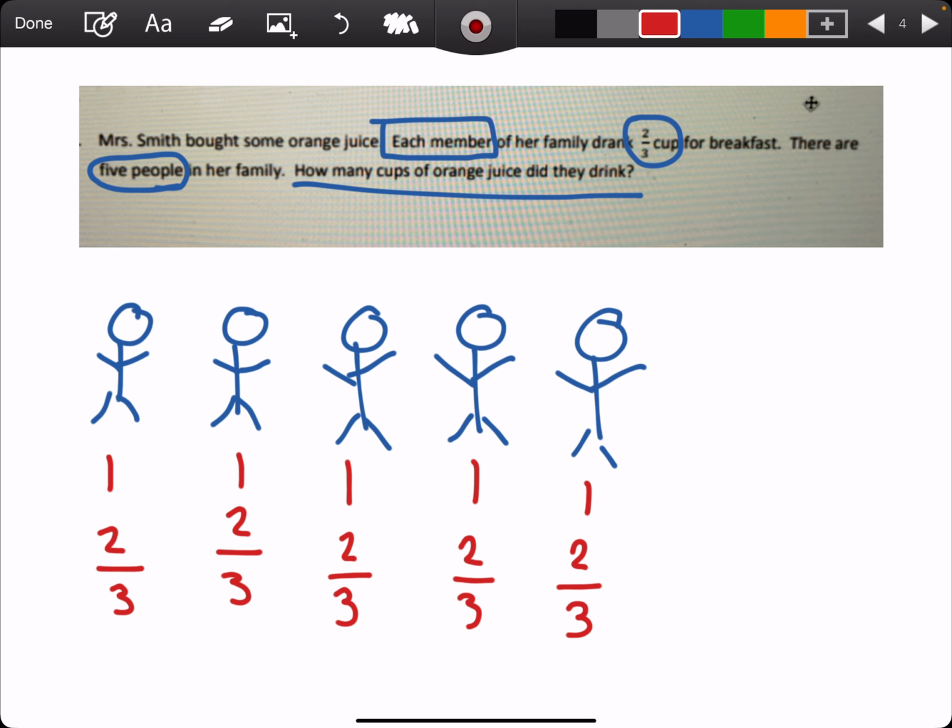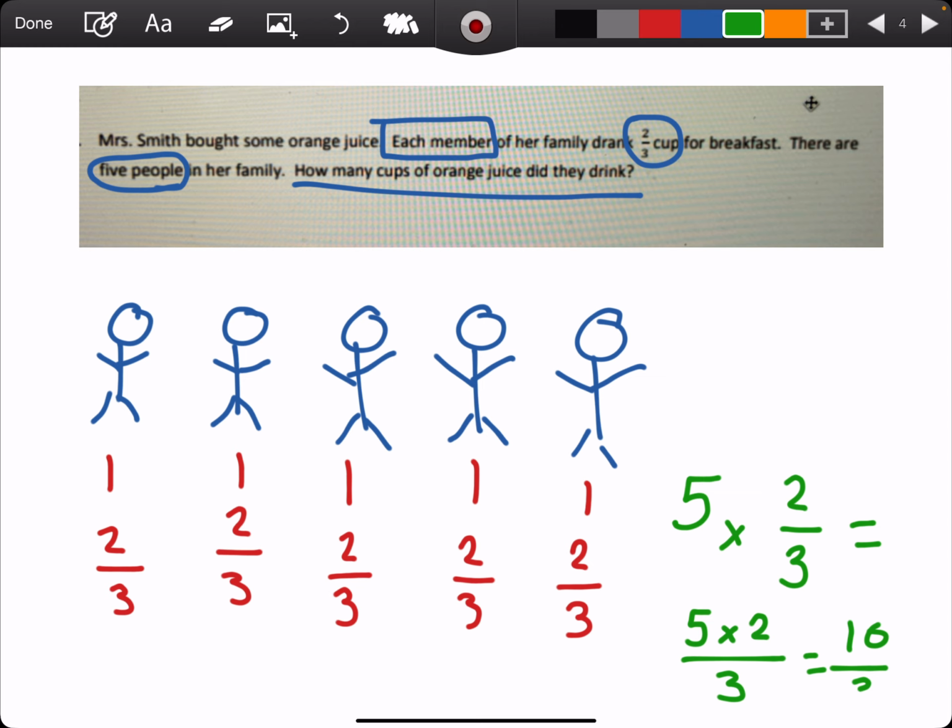Well, there's 5 people, and they each drank 2/3. I could do 5 times 2/3 equals, right? And what do I have? 5 times 2 over 3. Multiply the 5 times 2 is 10, and then bring over your denominator, which is 3. 10/3.